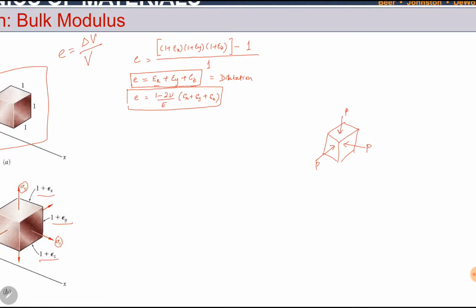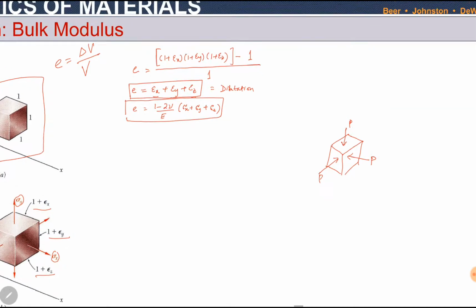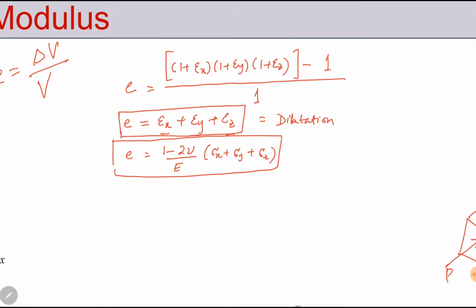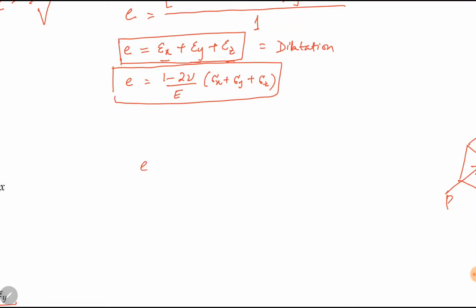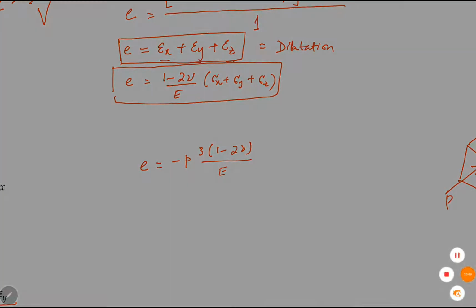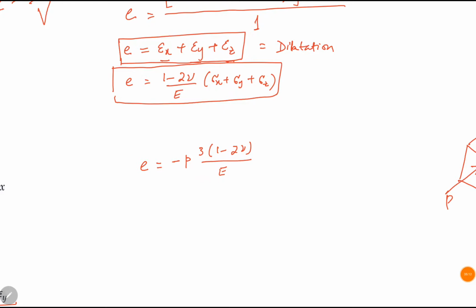So sigma x, sigma y and sigma z, all of them are equal to minus p. It is compressive. So by putting sigma x, sigma y and sigma z equal to minus p in the above equation, we can write dilatation equal to minus 3p into (1 minus 2 nu) divided by E. All the terms involved in this expression except pressure p are constant.